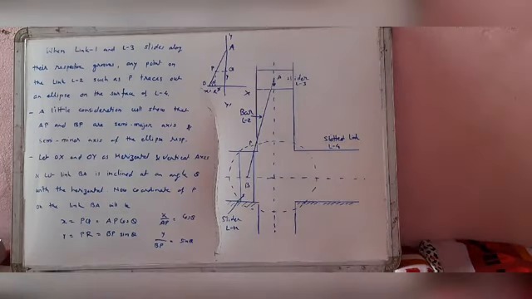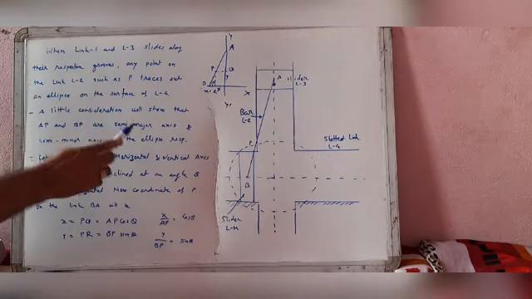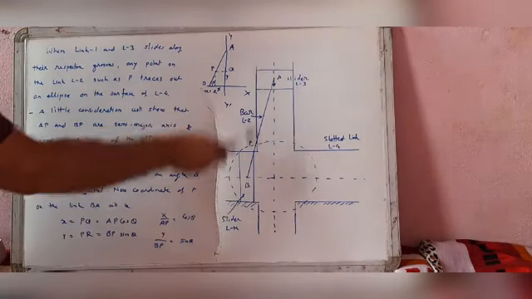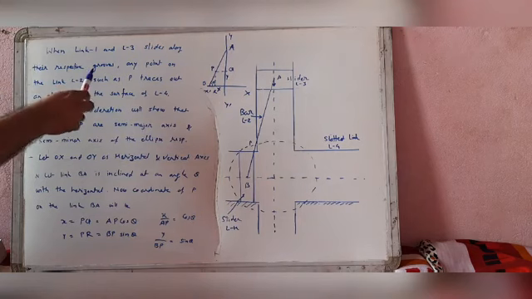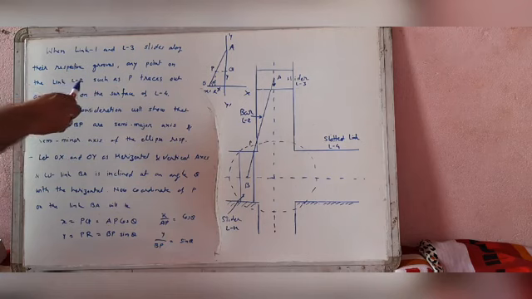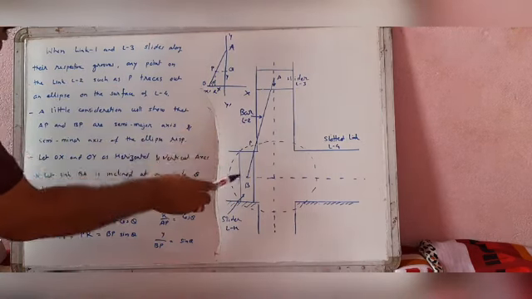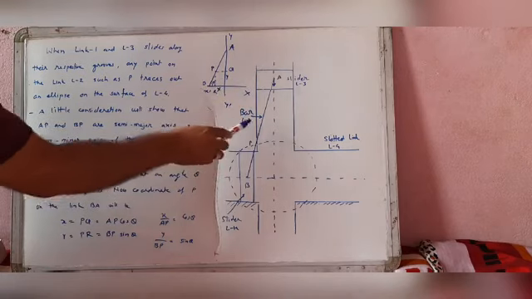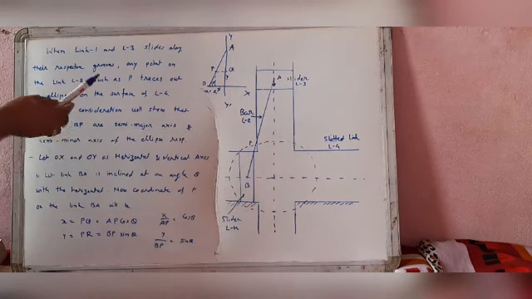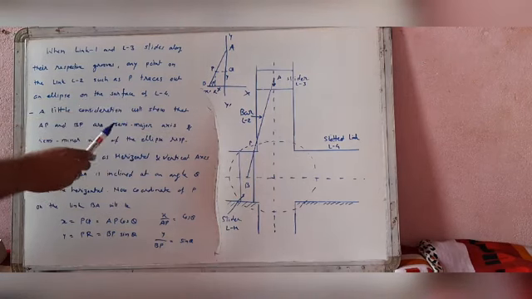When links L1 and L3 slide, L1 slides like this and L3 slides like this, each in its respective groove. Any point on the link L2, such as P, which joins both sliders, traces out an ellipse on the surface of L4.